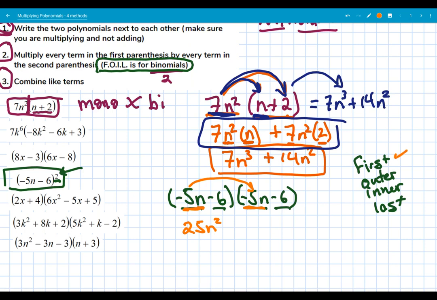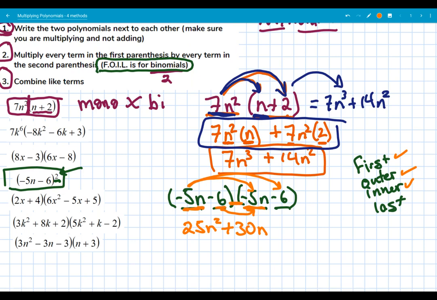Outer. Well, the outer 2 are going to shake hands. So negative 5 times negative 6 is going to be positive 30. There's an n on the 5, but not with the 6. Inner. Well, that means these two inner ones are going to shake hands. Inner means closest together here.